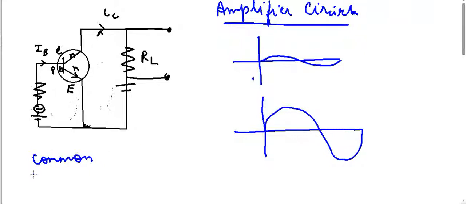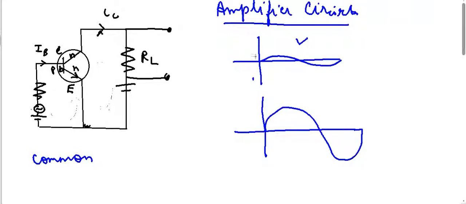So now I am illustrating how these transistors can be used to amplify those signals. Suppose I have a common emitter like that, and to this common emitter I have connected a very small voltage signal here, which is a very weak signal.